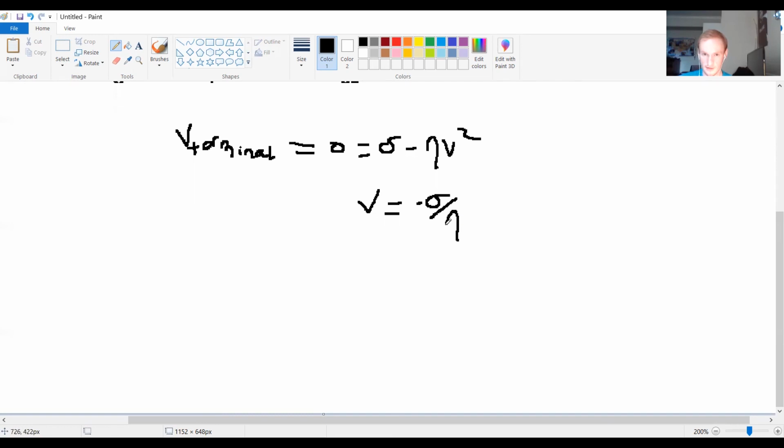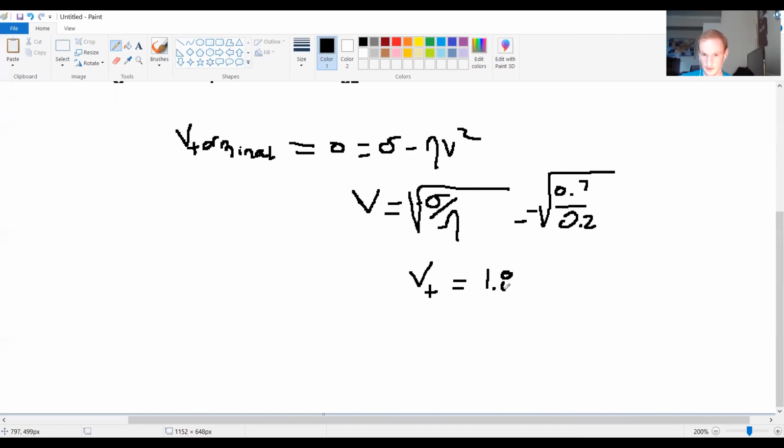So this would be negative and this would be negative, but that just cancels. So we're just going to ride with this, and this is just 0.7 over 0.2 under square root bar, and then we get v terminal is equal to 1.87 meters per second.